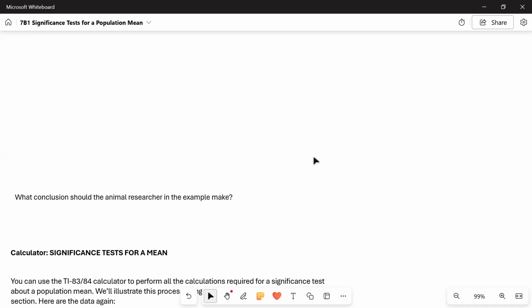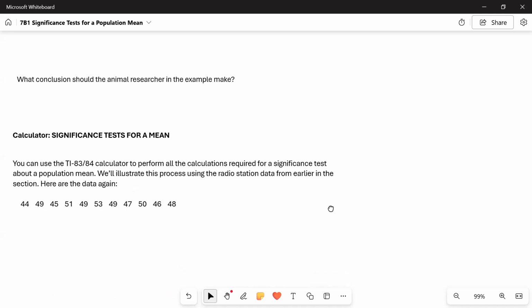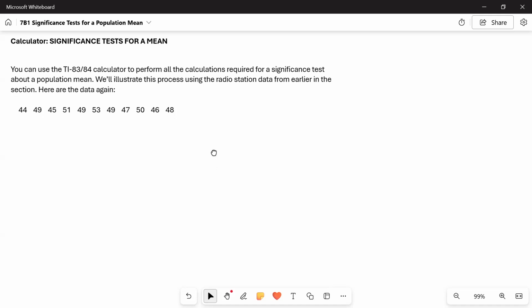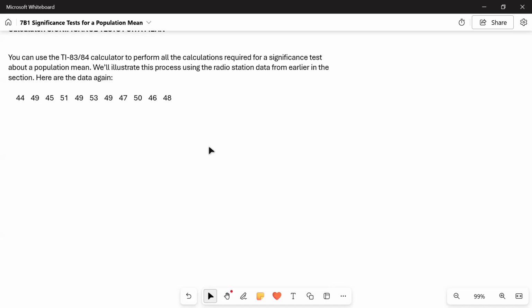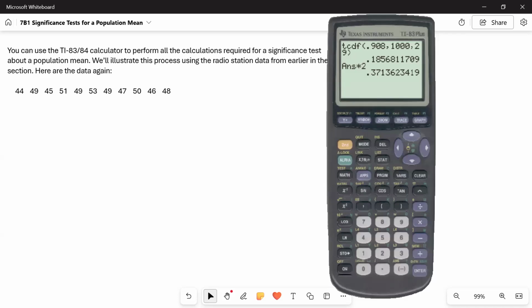Okay, so again, as you may have guessed, the calculator can be used to perform a significance test for a mean. So we're going to illustrate this process using the radio station data from earlier in the section. Here we have the data again. And the first thing that we're going to do once we turn on our calculator, clear that off, we're going to enter the data into a list.